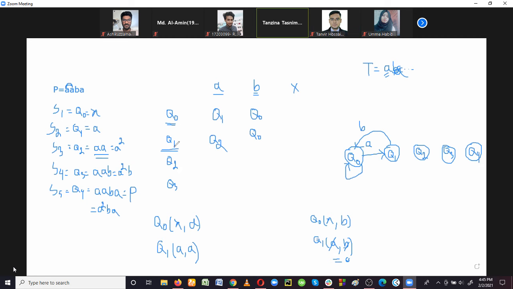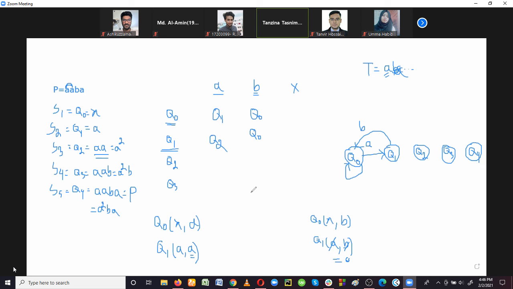For Q1, suppose the algorithm is in Q1 and it reads characters from the text. The next character can be A or B. When it receives A, there are two characters A, and we already have a state with A and A. That's why Q1 will move forward to its next state, Q2.